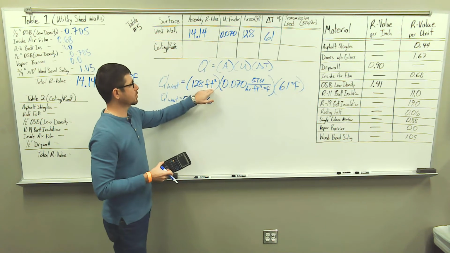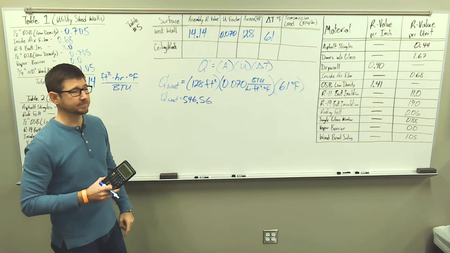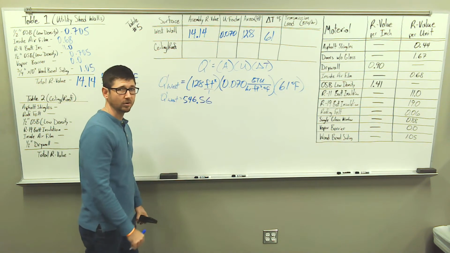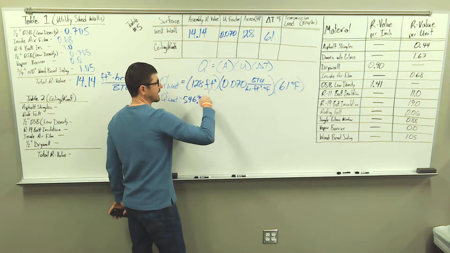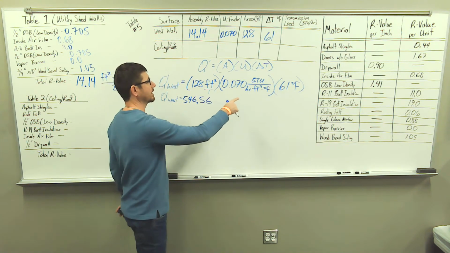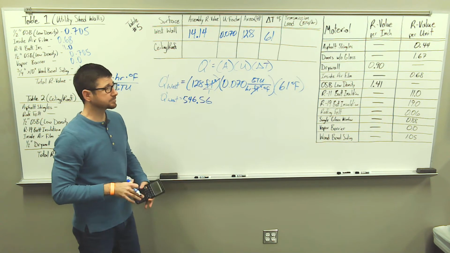So we have foot squared times BTUs per hour, foot squared degree Fahrenheit. Now algebraically we can write this as foot squared over 1. So when I multiply these two unit values, I have foot squared in the numerator and foot squared in the denominator. Those will cancel.